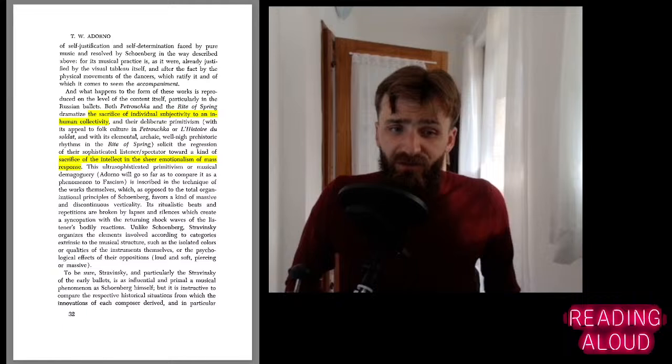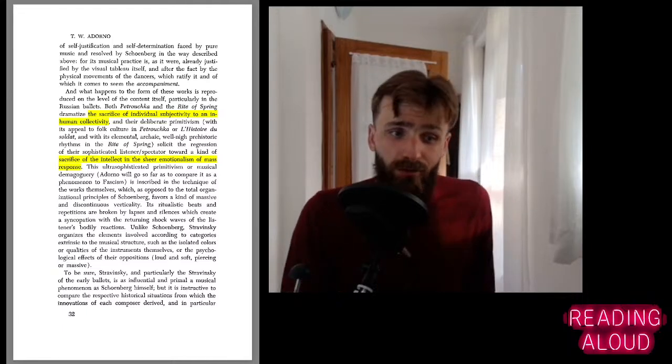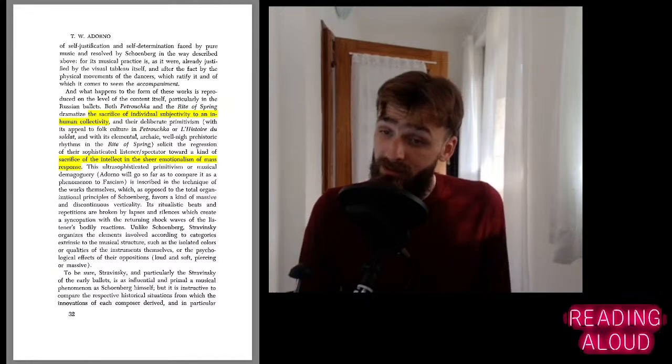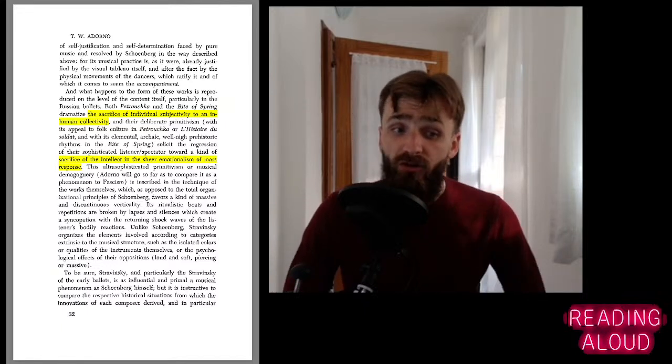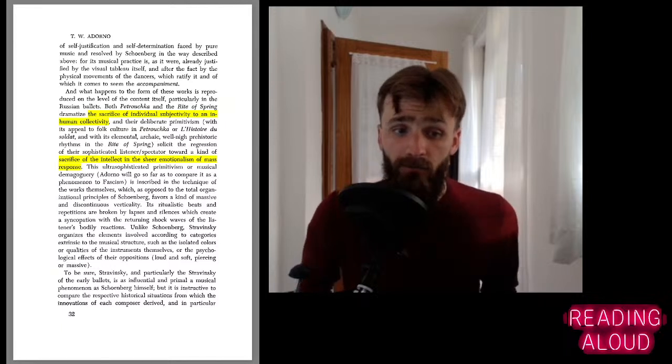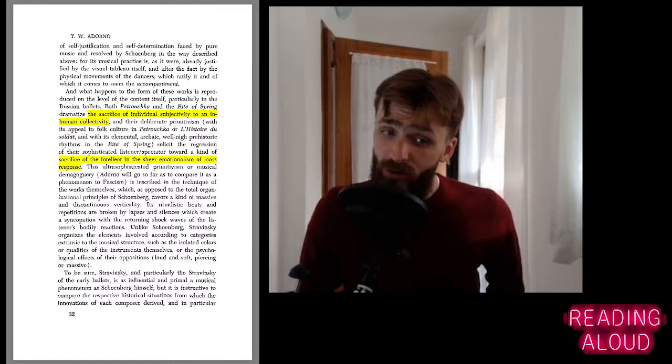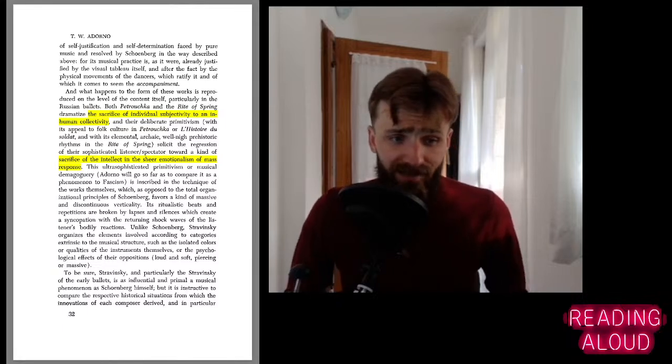This ultra-sophisticated primitivism, or musical demagoguery, Adorno will go as far as to compare it as a phenomenon to fascism, is inscribed in the technique of the works themselves, which, as opposed to the total organizational principles of Schoenberg, favors a kind of massive and discontinuous verticality.